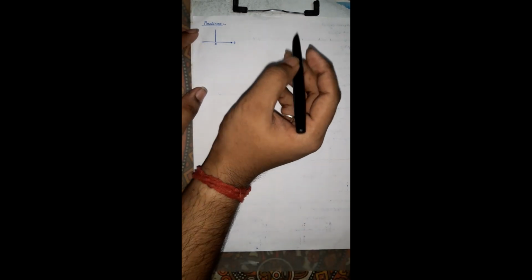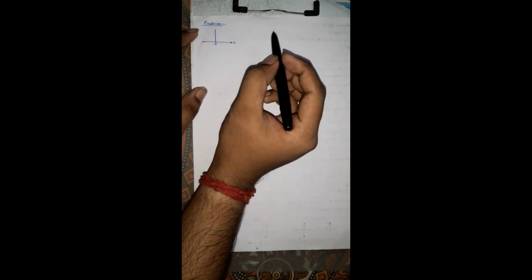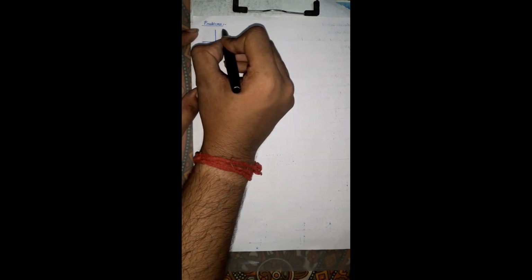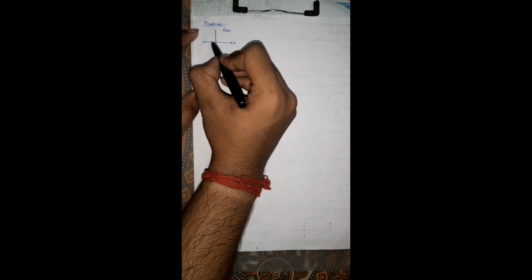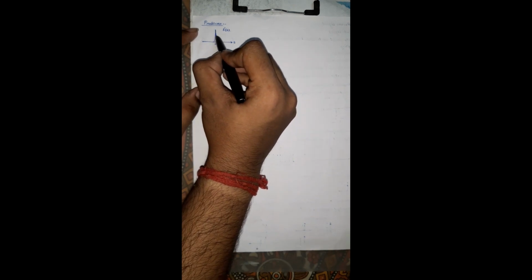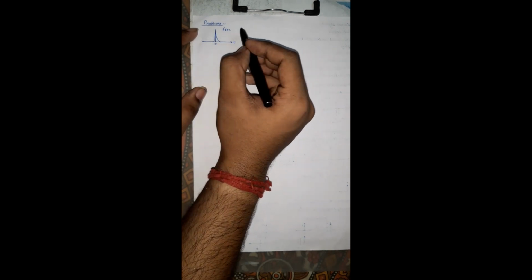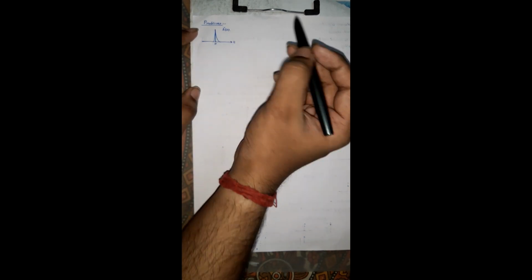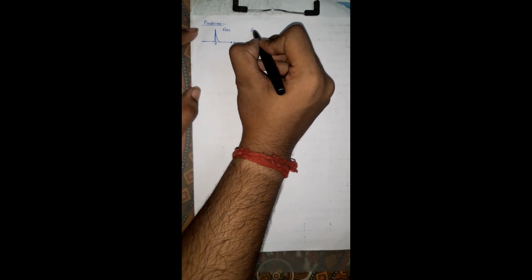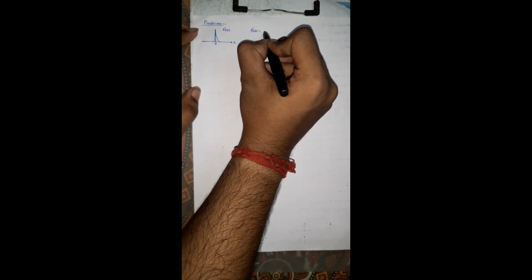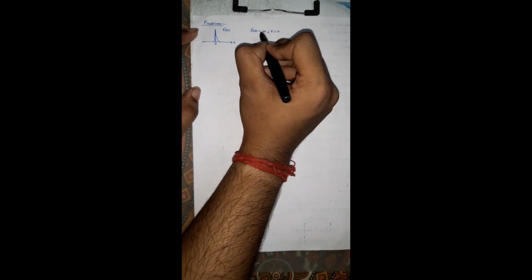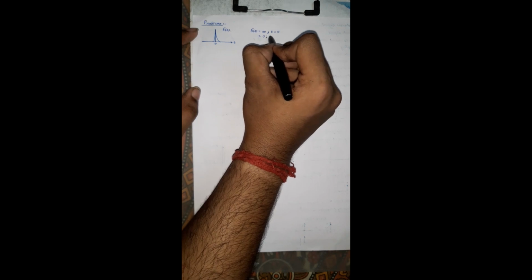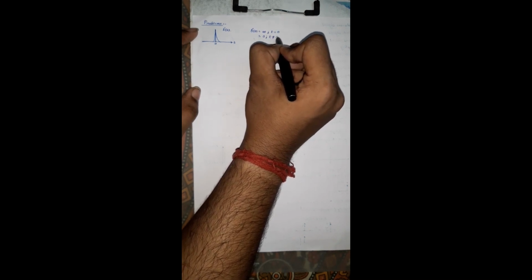And the second thing is, if we consider the continuous time impulse, then we know that at t equal to 0 the value of del t is infinite, and equal to 0 when t is not equal to 0.